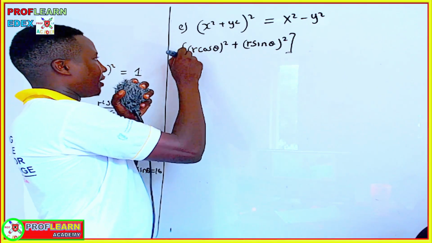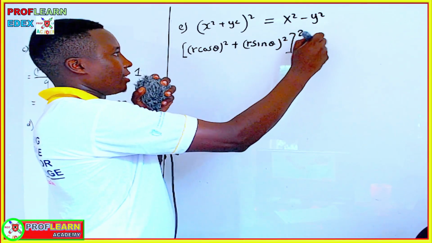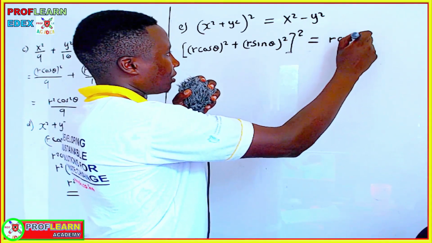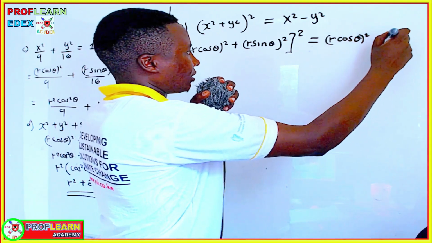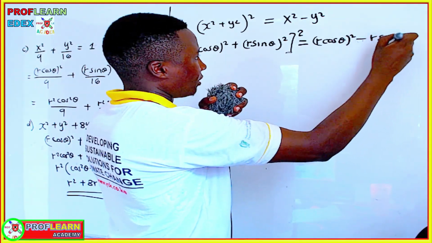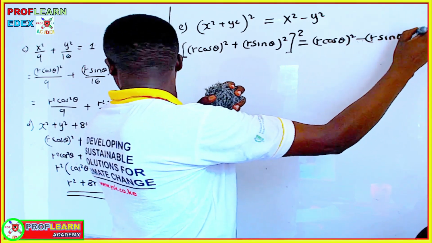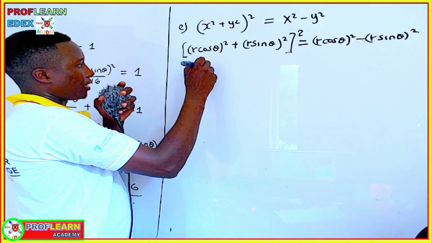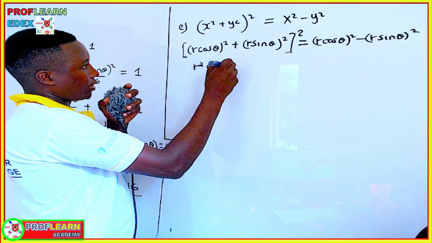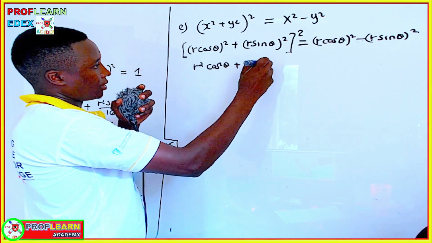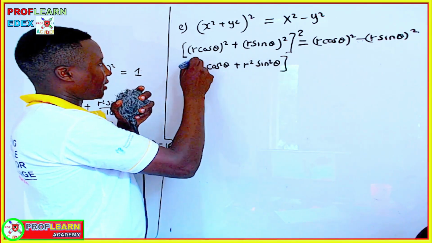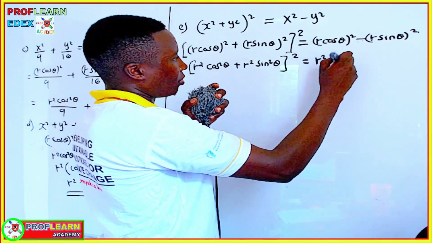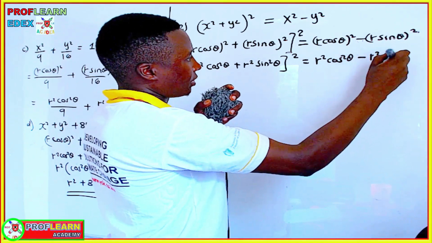The entire expression squared is equal to x squared minus y squared, that is r cos theta squared minus r sine theta squared. If we square this, we have r squared cos squared theta plus r squared sine squared theta, all squared, equals r squared cos squared theta minus r squared sine squared theta.